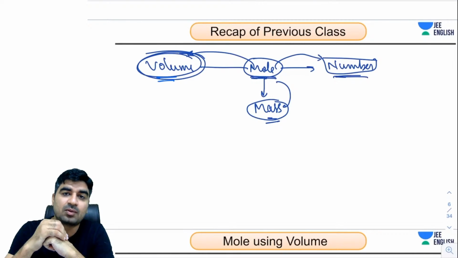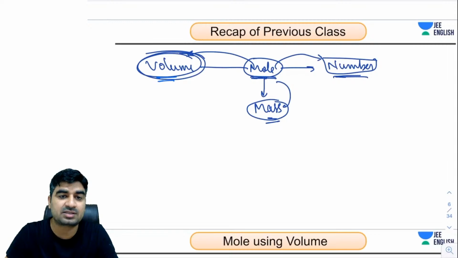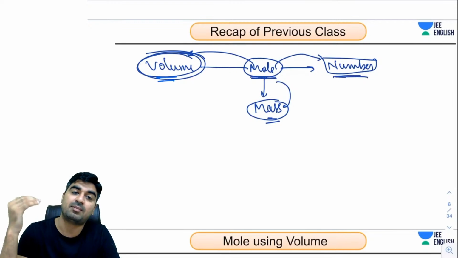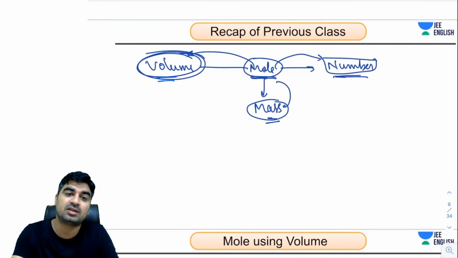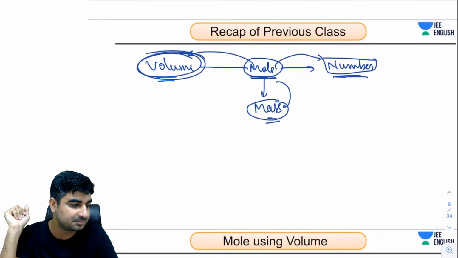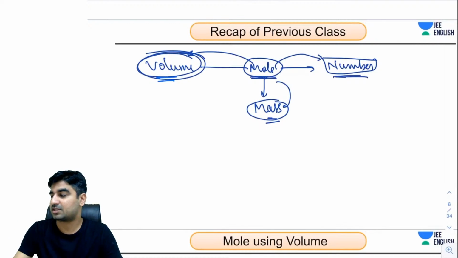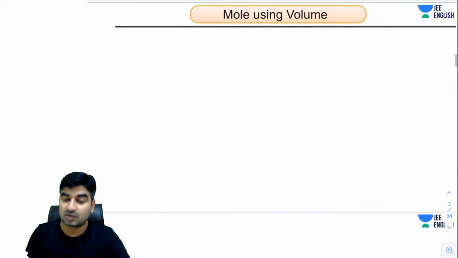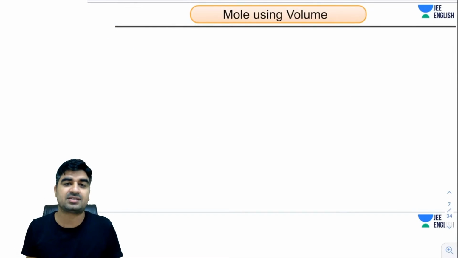Even yesterday I started so that a 9th standard student can also learn, and then I increased the level of the problems. We calculated the number of electrons, protons, neutrons and everything, and now you are through it. The same strategy we are going to use today. So now, mole calculation using volume. Now what is that?